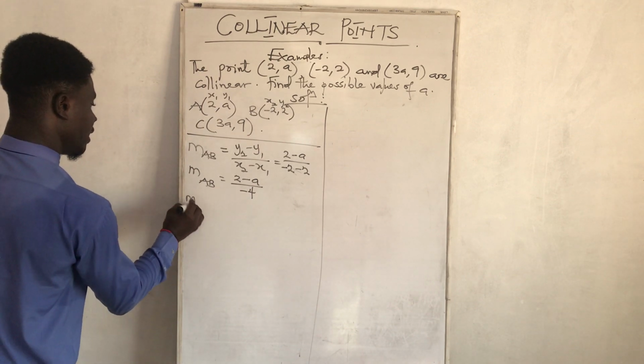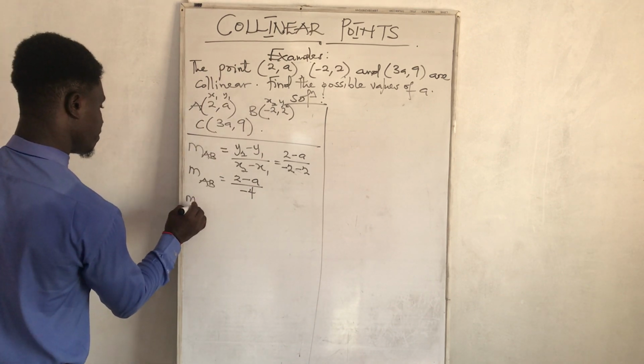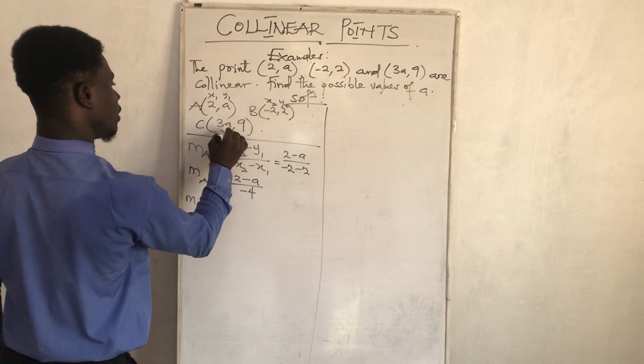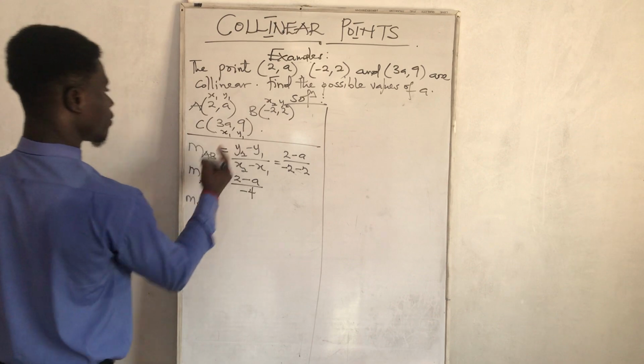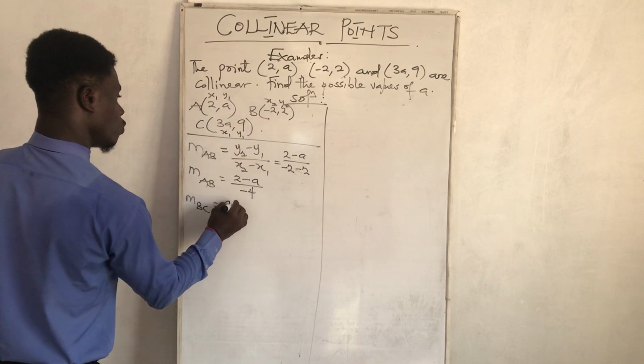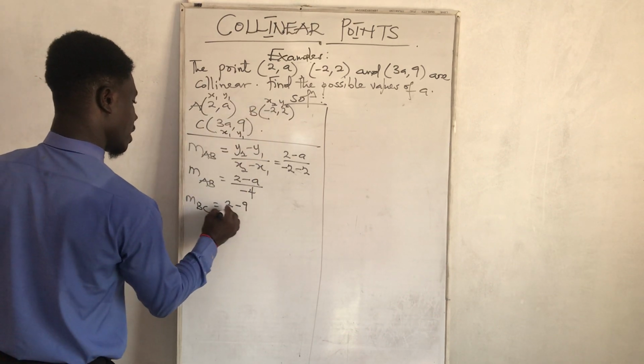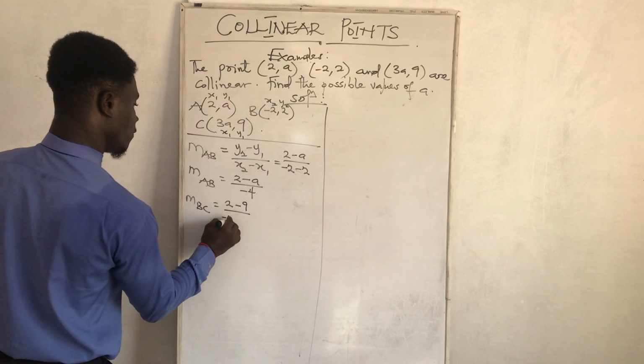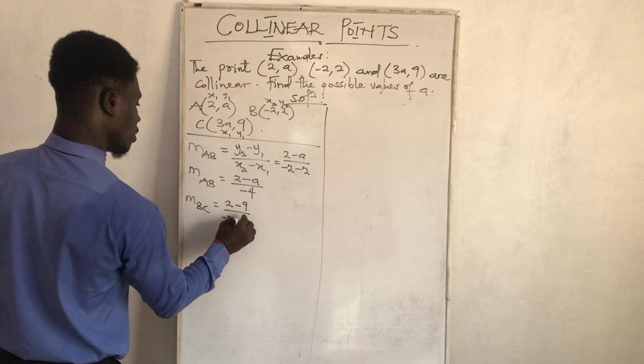So now, the gradient of BC must be equal to y2 minus y1. I label here x1, y1. So y2 is 2, minus y1, which is 9, all over x2, which is negative 2, minus x1, which is 3a.